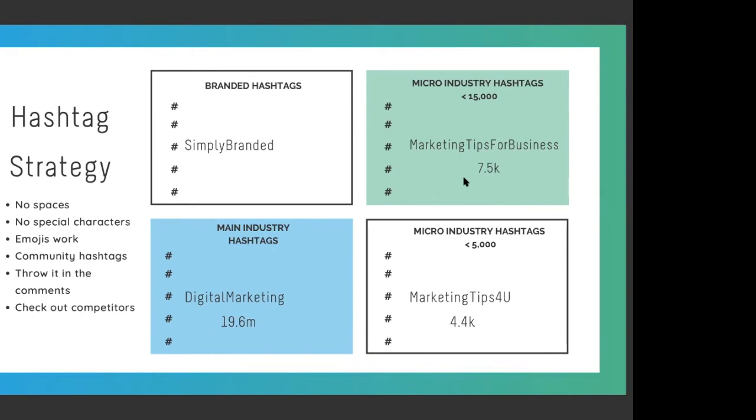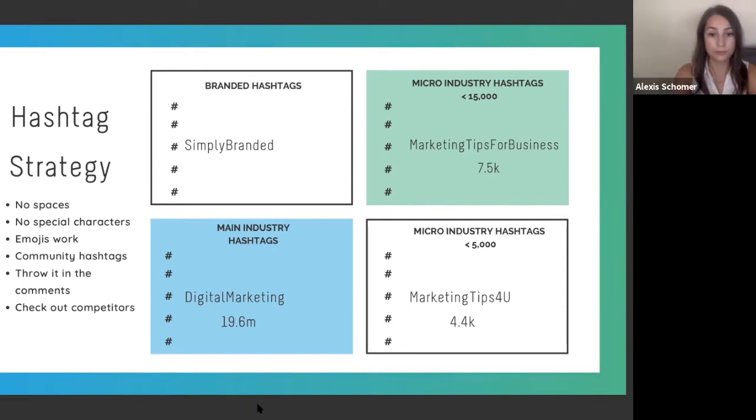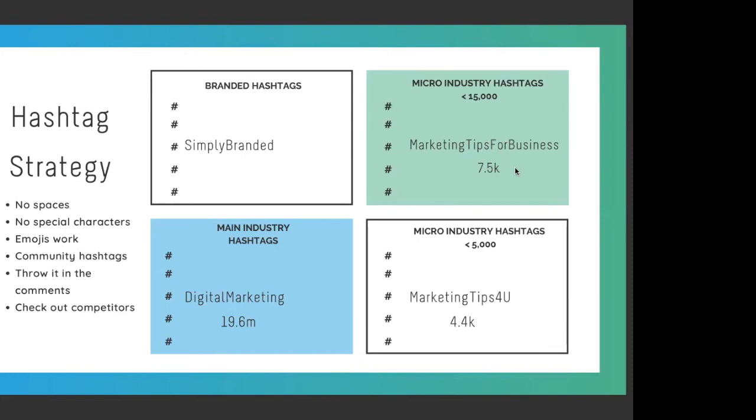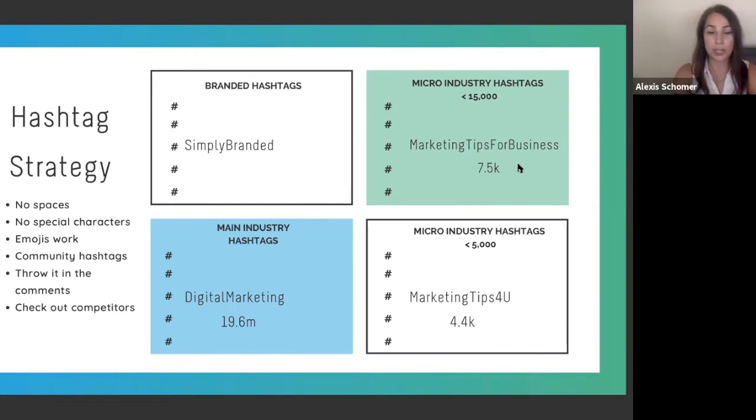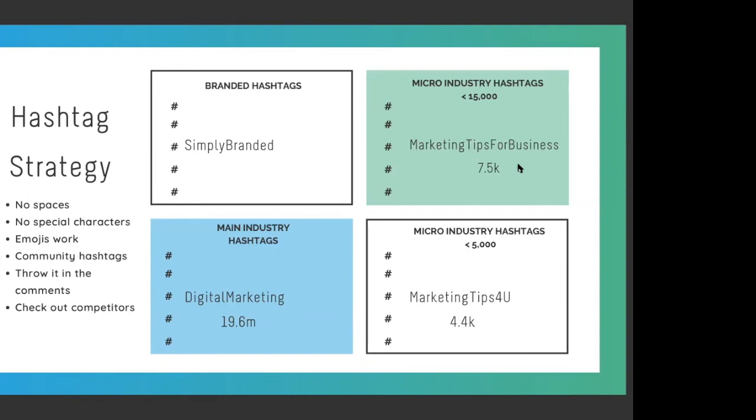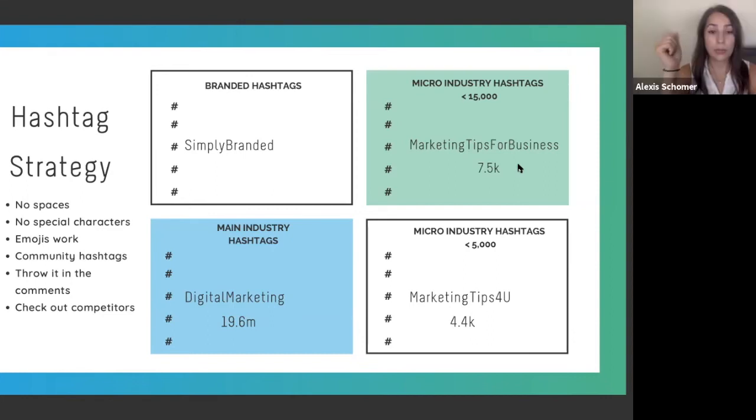I just had a quick question about the branded hashtags. What did you mean by, for example, simply branded? So for you, it would be hashtag Pure Lux, hashtag Pure Lux H2O, hashtag Pure Lux Water. Essentially your company's name, hashtagging over and over again. But you can also develop other hashtags, like if you have a slogan or anything that has to do with your brand.